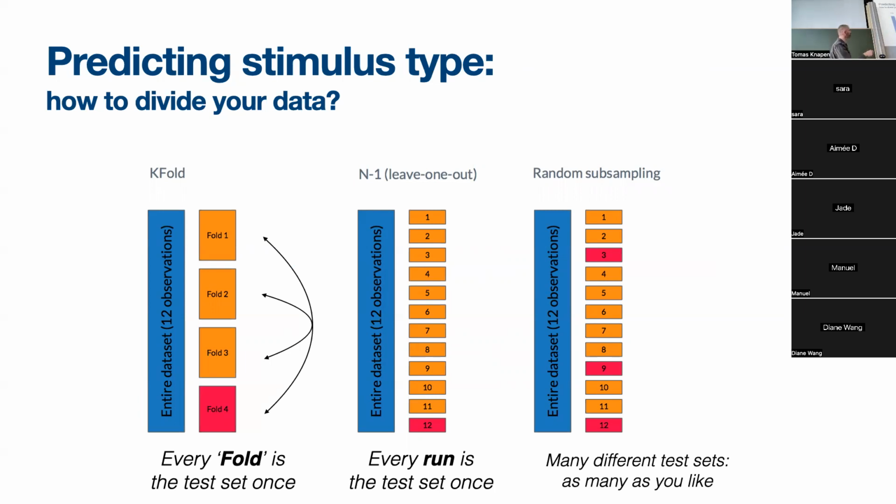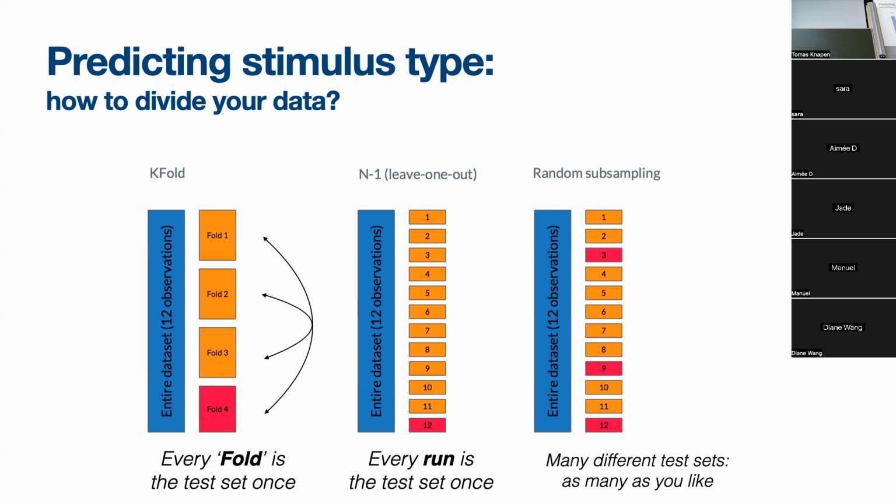This would be a k-fold where k is 4. You can also run every run as a test set once, so you just iterate through. You repeat, right? Train again on 11 and then test on 12.